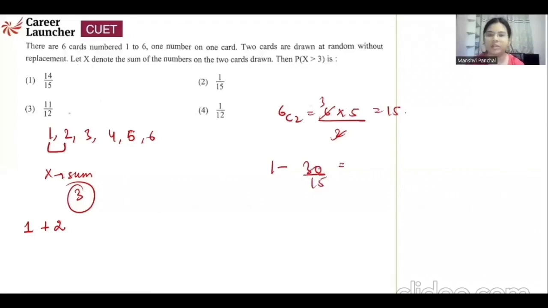Or else we can do it like 1 by 6 into 1 by 6. So this will become 36 minus 1 upon 36, right? So it will be 35 upon 36. So our correct answer will be 11 by 12.